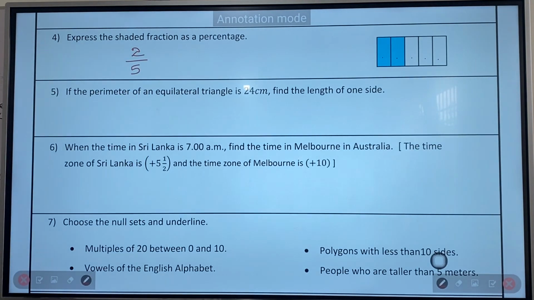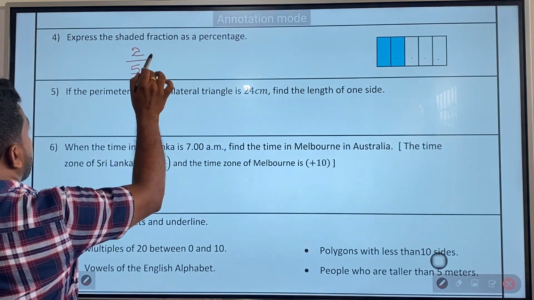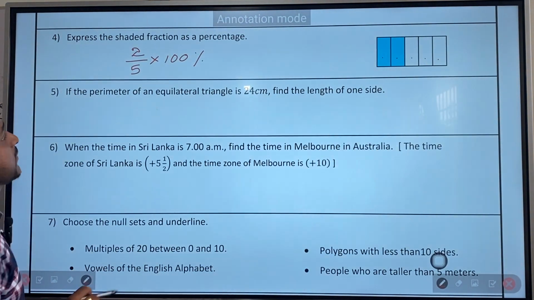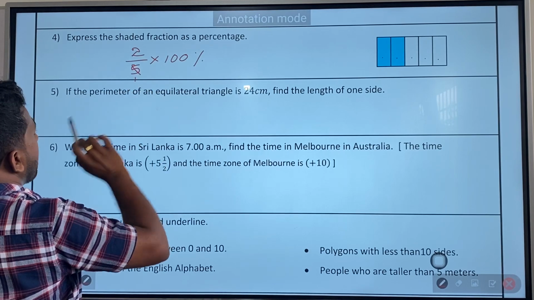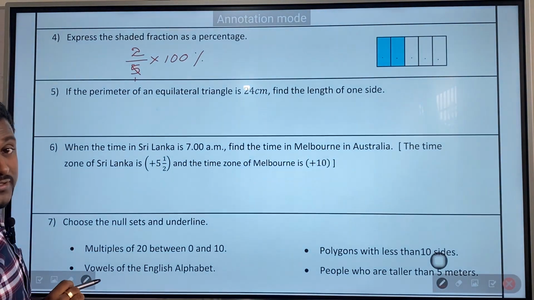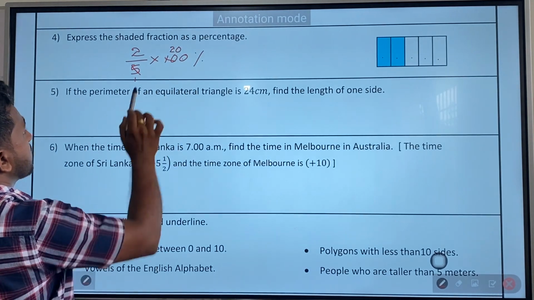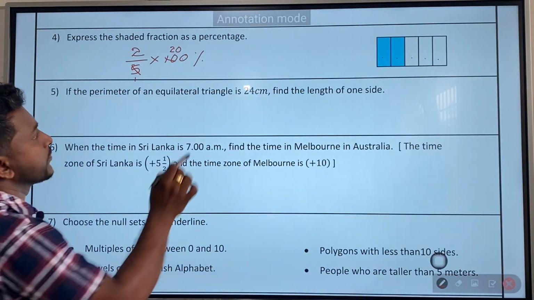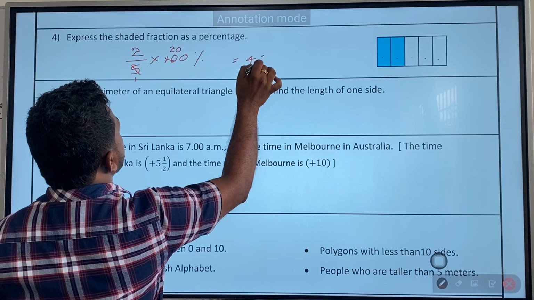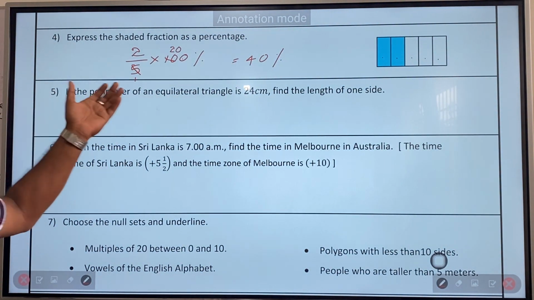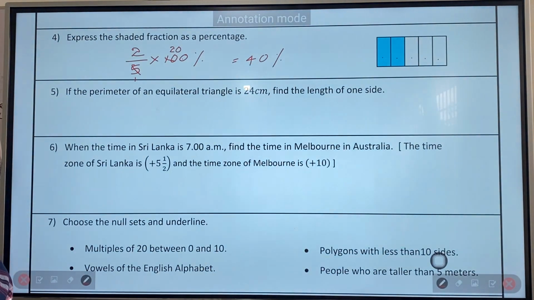To write it as a percentage we multiply by 100%. 5 into 100 is 20, so 2 into 20 equals 40%. That is the shaded percentage of the figure.